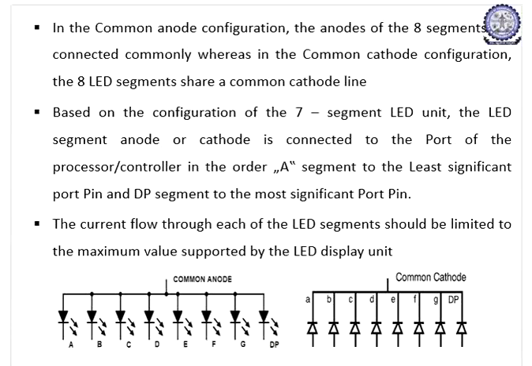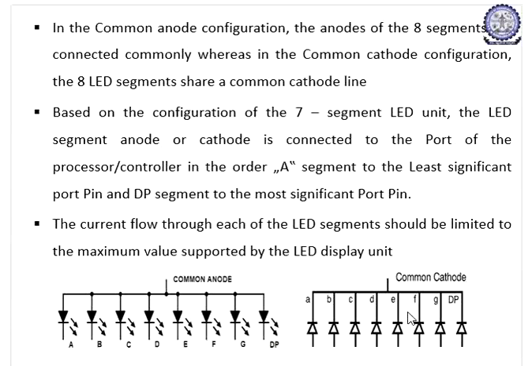During common cathode, if 0 is given, the LED will glow. Common anode is nothing but it will act high during logic 1 state, and common cathode will be high during logic 0 state. This is the 7-segment LED configuration.